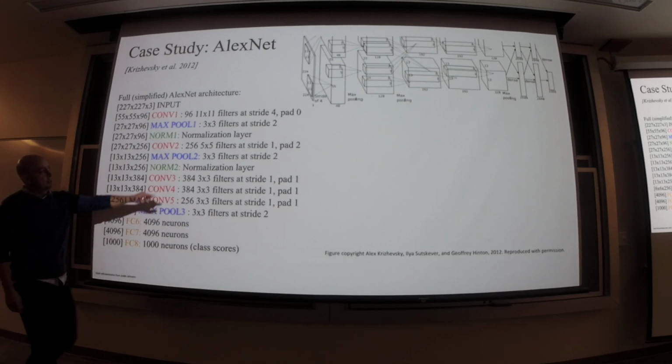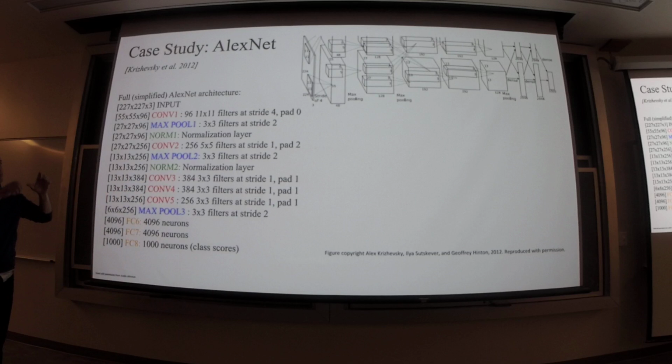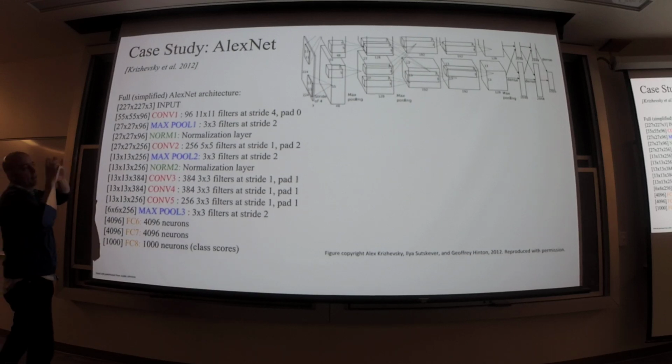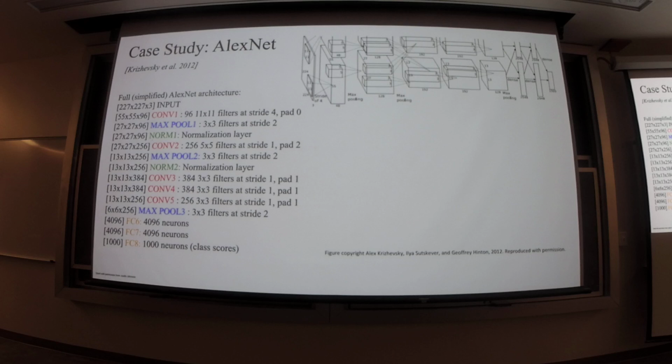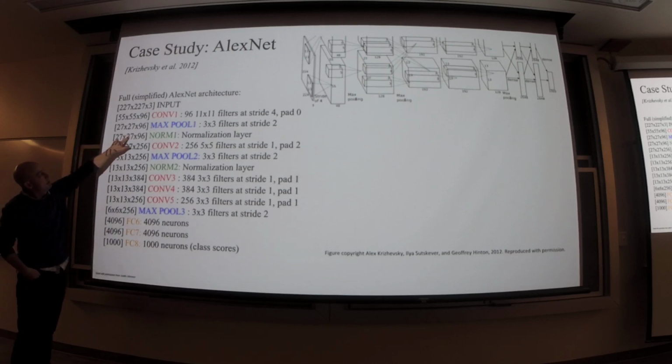Because it's a 5 by 5, that actually preserves the spatial extent, right? We don't skip any pixels because the stride is 1, and because we pad with size 2, we can get our 5 by 5 right into the corners and all the edges. So you see that 27 by 27, and you get up to 27 by 27.